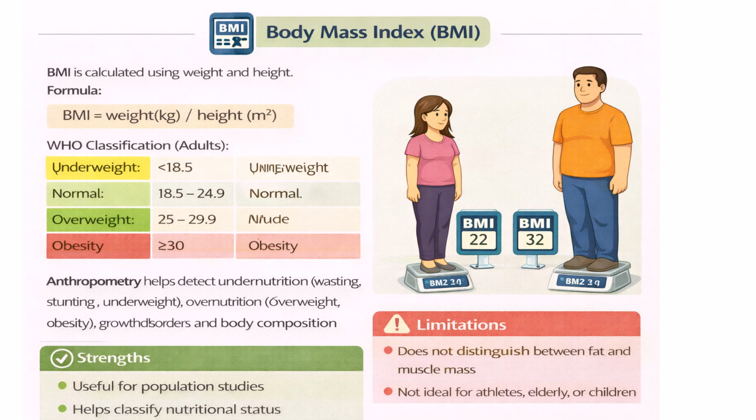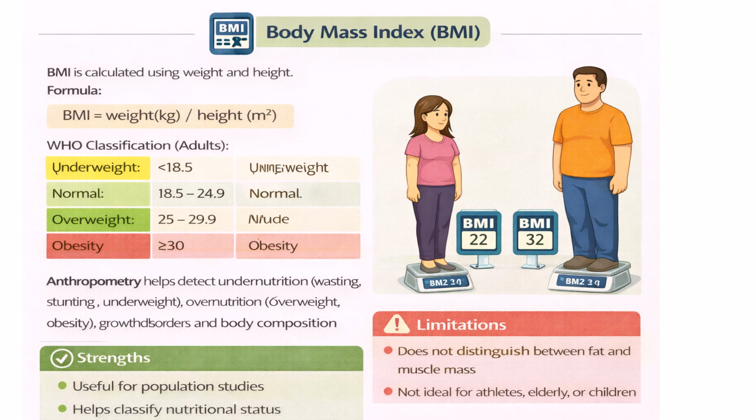The WHO classification for adults is obesity greater or equal to 30, overweight between 25 to 29.9, normal is between 18.5 to 24.9, while underweight is less than 18.5.